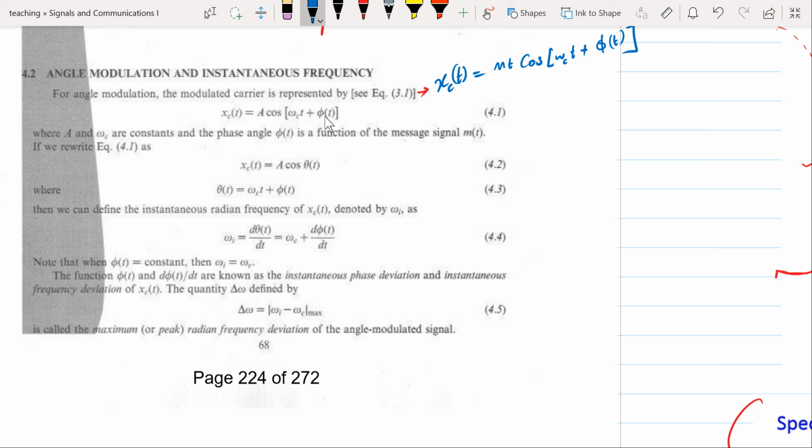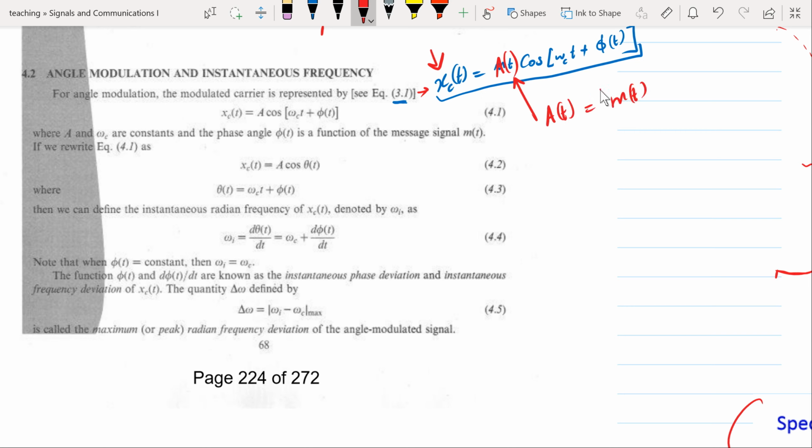Now to see how we were representing the amplitude modulated wave, which was represented in equation 3.1, I have written it right here. Remember this is the equation of the carrier, and the amplitude of the carrier was directly related to the message.